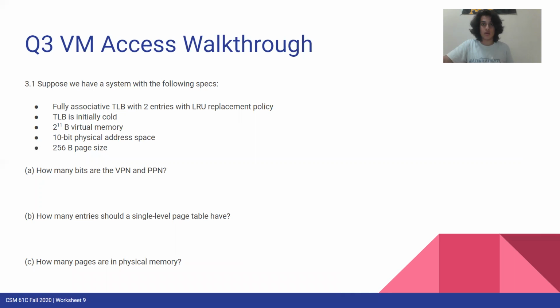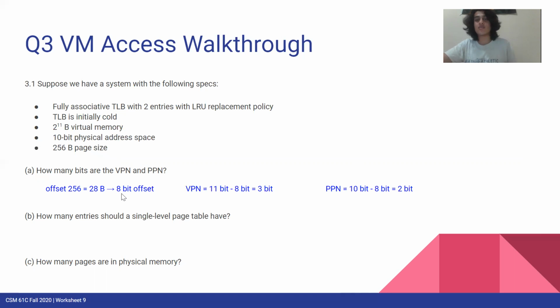So in terms of how many bits are in the VPN and PPN, we have a 256 byte page size, which means we have 2 to the 8th. Sorry about that, 256 is 2 to the 8th. So we have an 8-bit offset. Remember, the VPN and PPN offsets will be the same because the page sizes are the same.